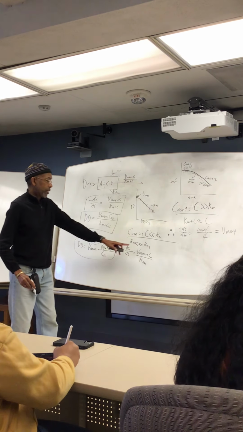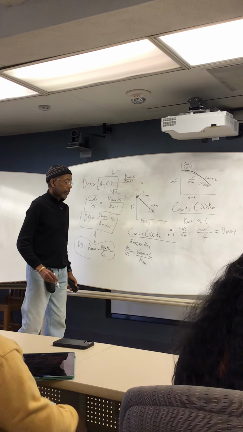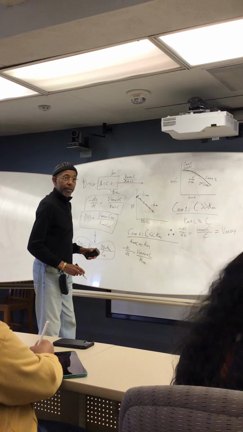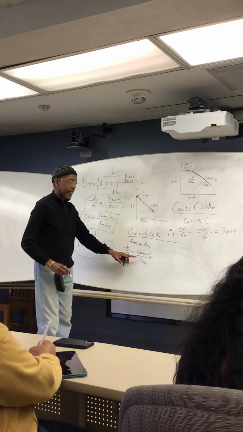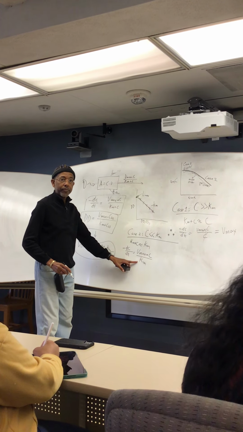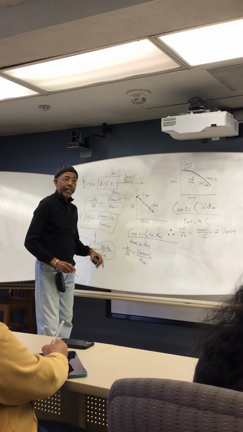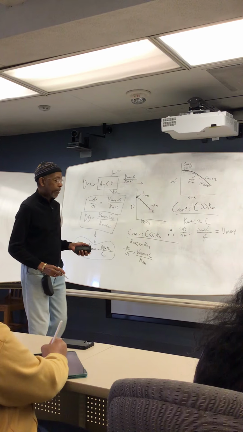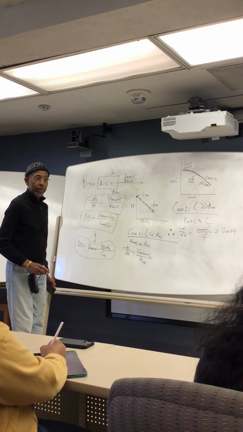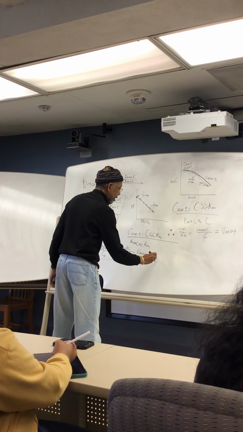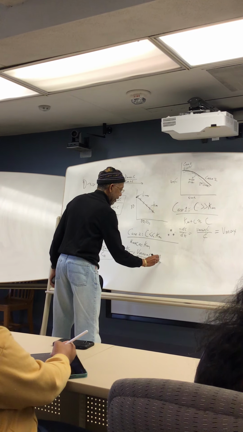Where Vmax over Km, if Vmax is a constant and Km is a constant, isn't Vmax over Km also a constant? Okay. So this is the same thing as some constant K times C.